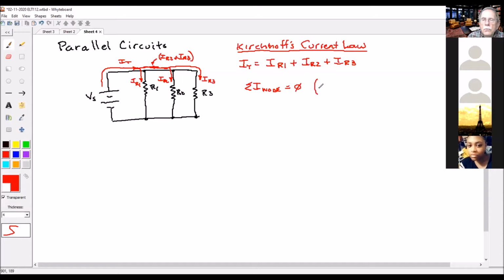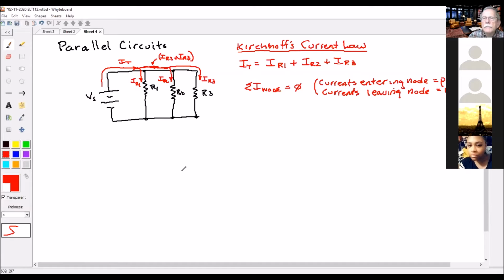And generally, as a rule, we usually use the guideline that currents entering, going into the node, are positive, and currents leaving the node, going away from the node, are negative.